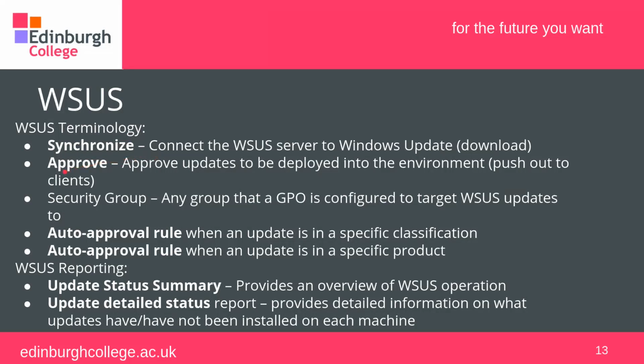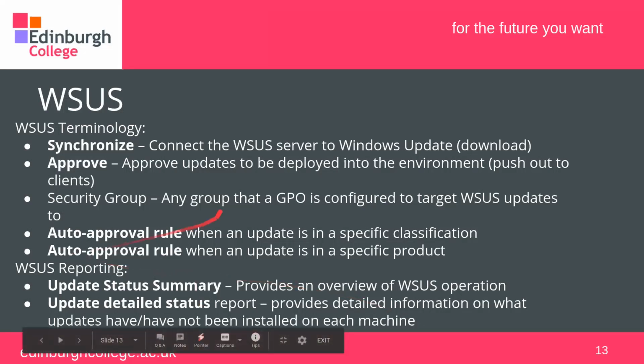Then when you decide that you're going to send those updates out to the clients in your network, that is called approve. An auto approval rule is a rule that means, let's say for example, all your clients run Microsoft Edge. You might want to automatically approve all updates for Edge, and you can do that with an auto approval rule.